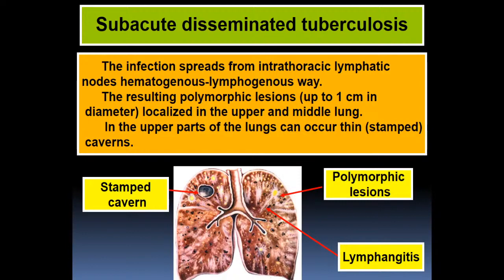That's why a mixed way of spreading is more typical. They result in polymorphic lesions up to 1 centimeter in diameter, localized previously in upper and middle parts of the lungs.